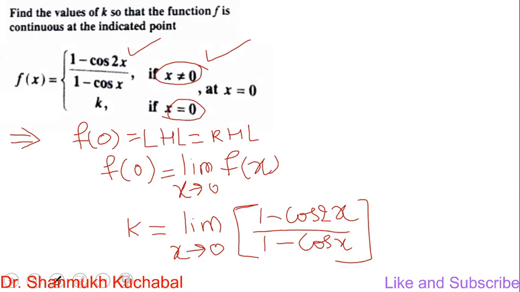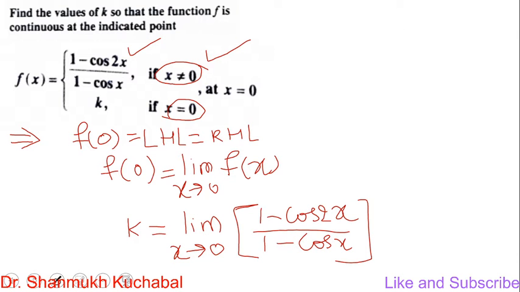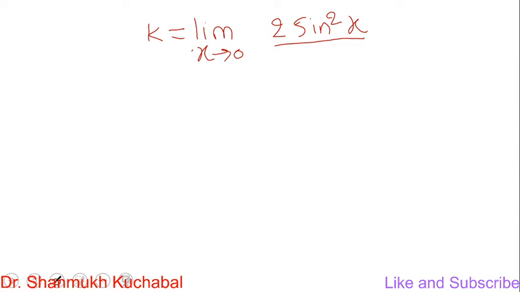Further we'll take k equal to limit x is tending to 0, 1 minus cos 2x, we take it as 2 sine square x, whole divided by 1 minus cos x. So we'll keep as it is 1 minus cos x.